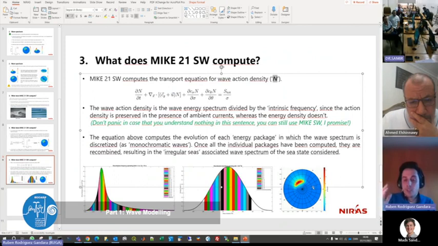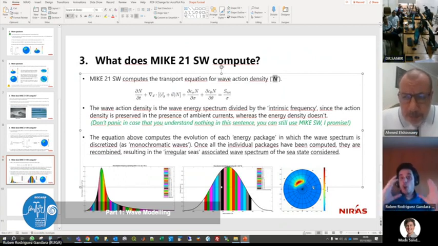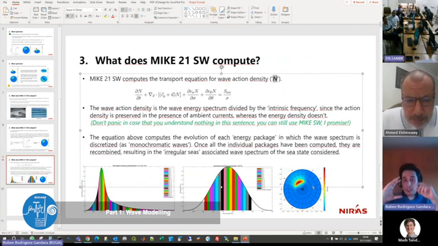But what happens is that the waves in irregular fields do not travel alone or independent from the other waves. There are some rules imposed by what we call the dispersion equation that make waves travel in groups. So waves with similar frequencies tend to travel together in what we call packages.